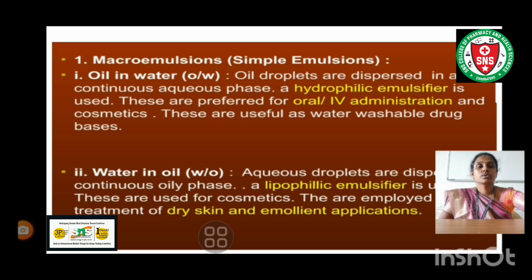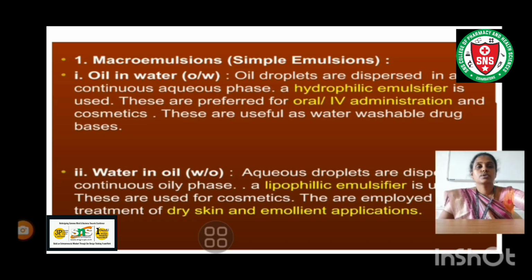It is also used in the treatment of dry skin and emollient application. Emollient application is when, during winter season, we get dry skin because of low humidity. At that time we apply moisturizer, lotion, etc. In that type of preparation, mostly water in oil emulsion is used.